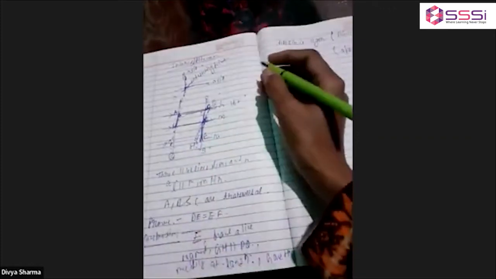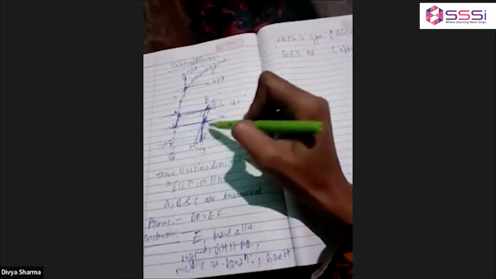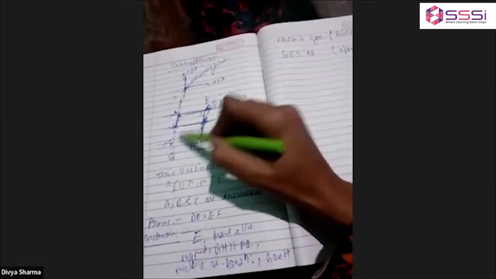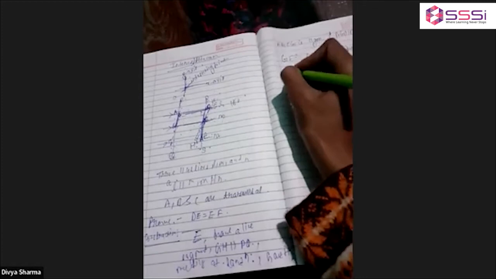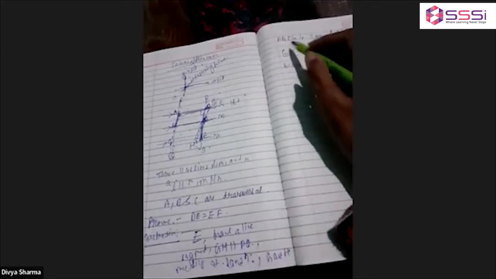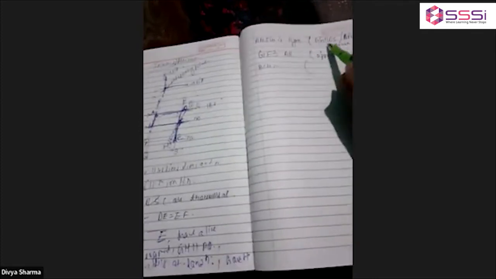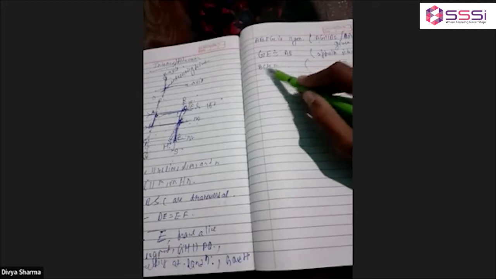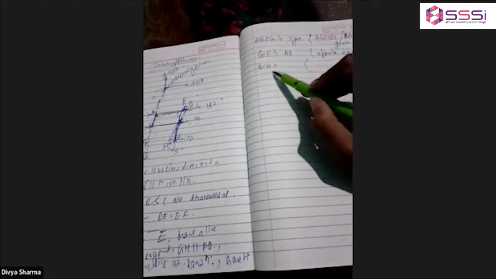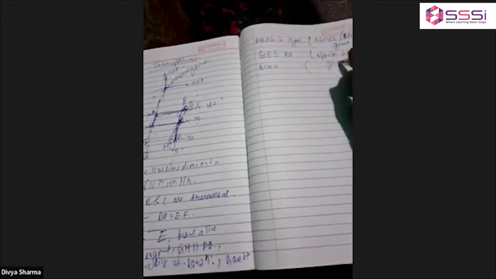After that, we will take BCHE. As the reason which we have stated above, the lines are parallel, BC is parallel to CH and CB is parallel to HE, that is given.